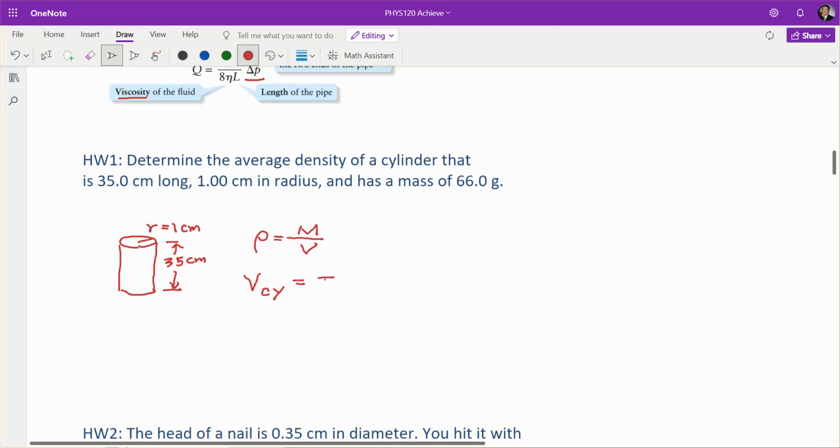Area is pi r squared, and you multiply with the length, and that is the volume of the cylinder. You use this volume in this equation, and you can find the density. And be careful about the unit. If you ask for the unit in CGS, it will be gram per cubic centimeter.